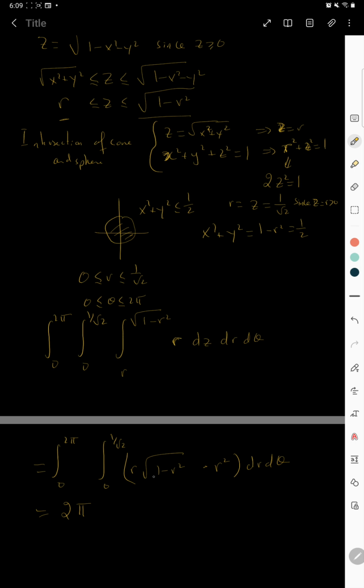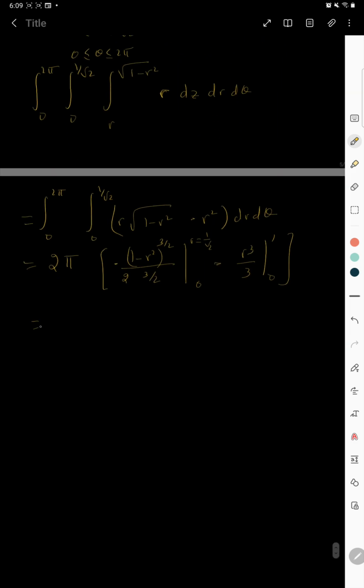Now let's find the antiderivative of this. You can do a u sub, but you can still check that you will get this, minus, from r equal 1 over root 2 to 0, minus r cubed over 3 from 1 to 0.